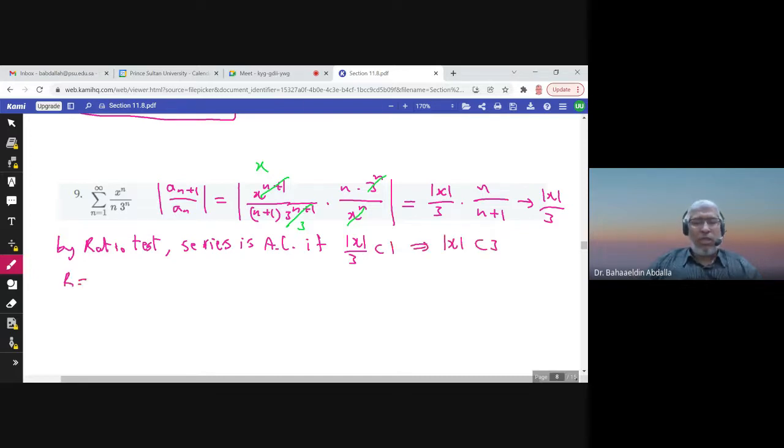This means that the radius of convergence is 3. And x is between negative 3 and 3.